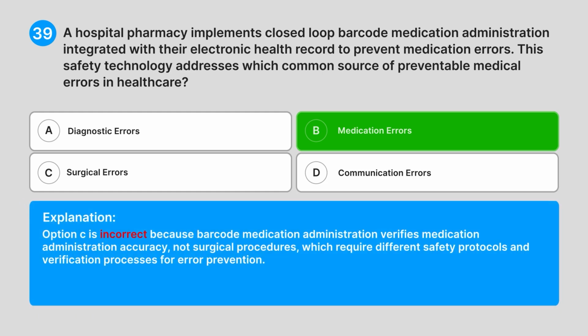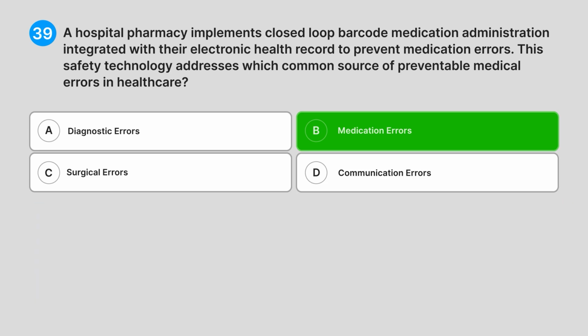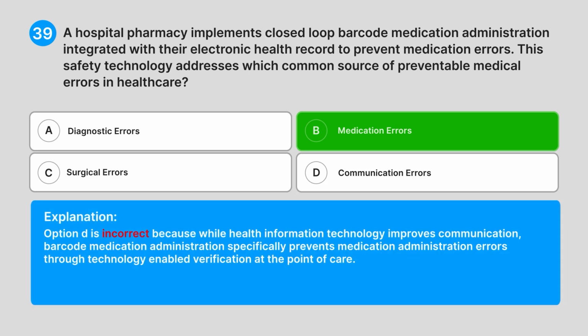Option C is incorrect because barcode medication administration verifies medication administration accuracy, not surgical procedures, which require different safety protocols and verification processes for error prevention. Option D is incorrect because while health information technology improves communication, barcode medication administration specifically prevents medication administration errors through technology-enabled verification at the point of care.